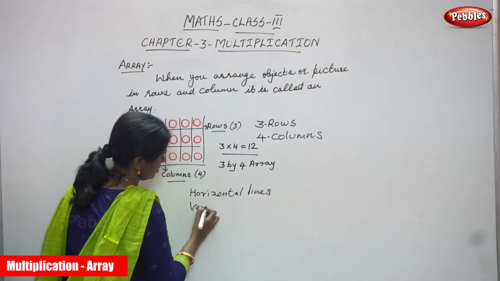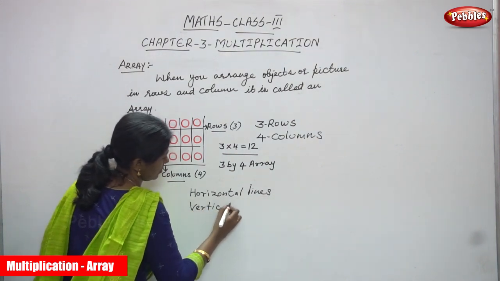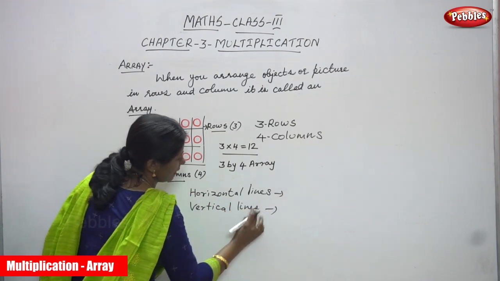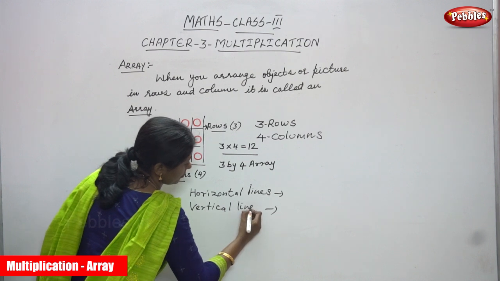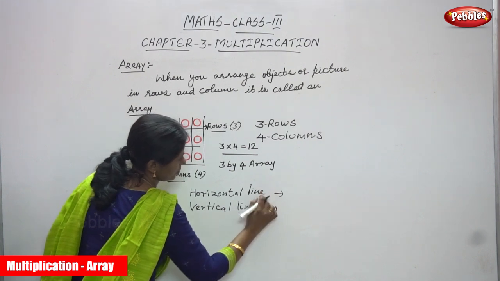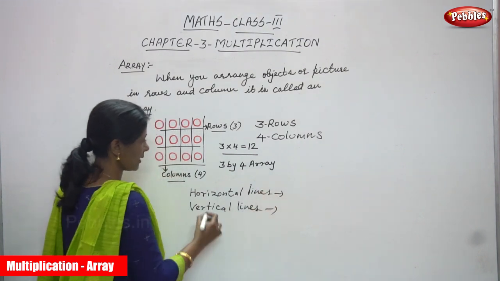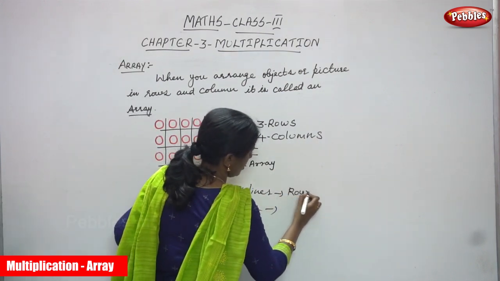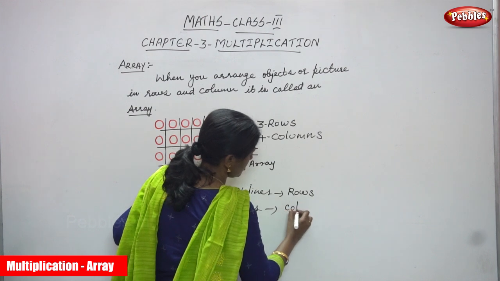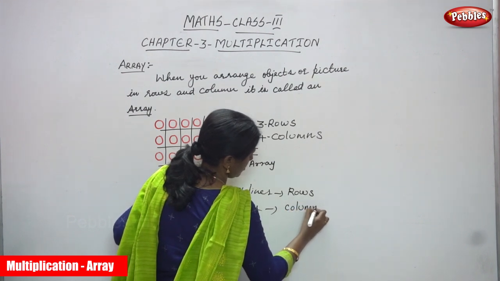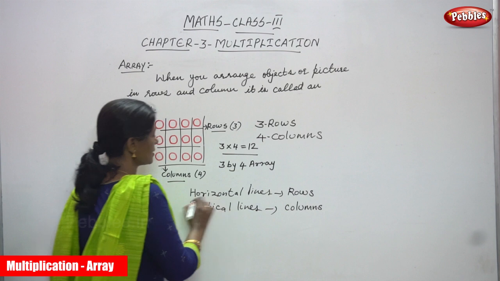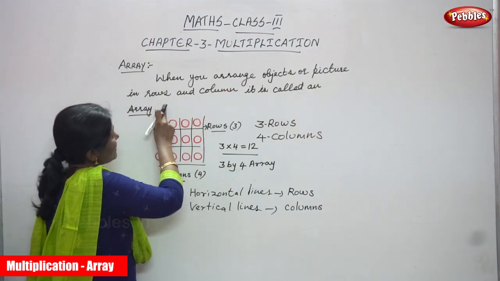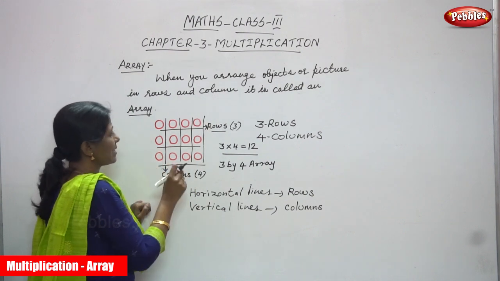Horizontal lines are called rows, and vertical lines are called columns. So horizontal lines are called rows, and vertical lines are called columns. So this is the basic thing. When you arrange objects or pictures in rows and columns, it is called an array.